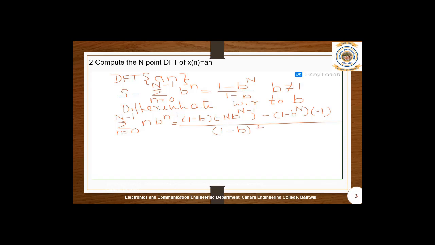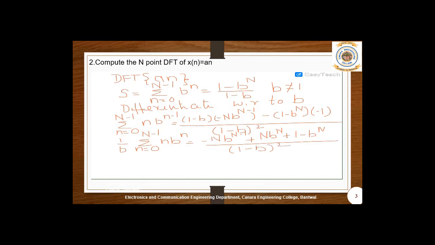So this can be written as 1 by b times the summation for n varying from 0 to N minus 1 of n times b to the power n is equal to minus N b to the power N minus 1 plus N b to the power N plus 1 minus b to the power N, divided by 1 minus b whole square.